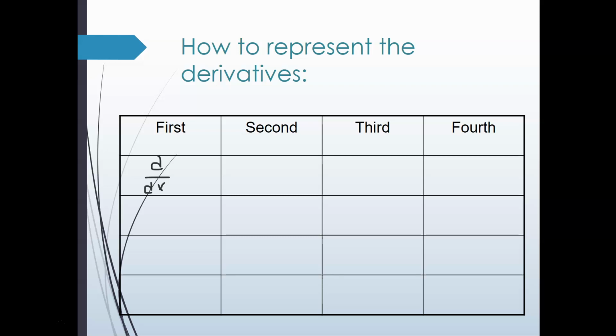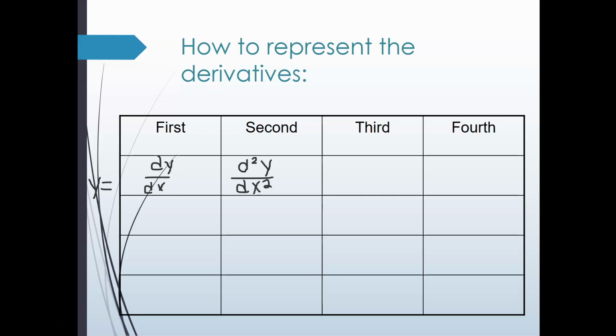A lot of times, instead of d/dx, you might also see dy/dx, which means the derivative of y with respect to variable x. So if you had a y equals function, then it would be dy/dx. The second derivative is d²y/dx².